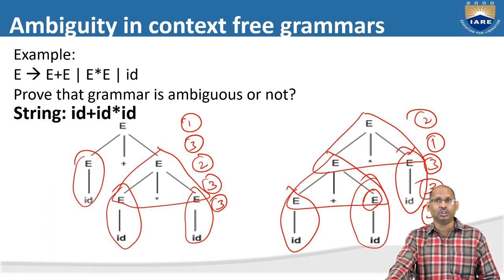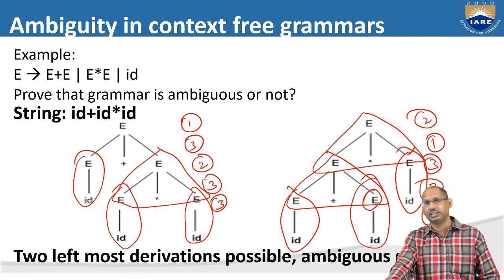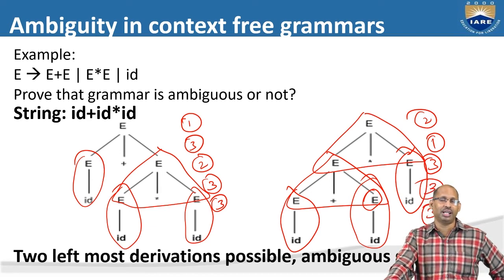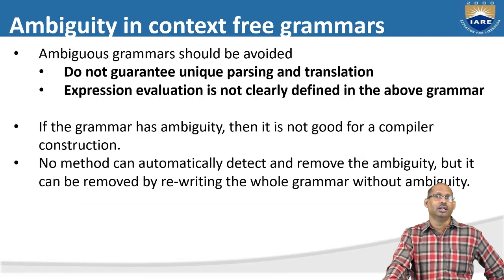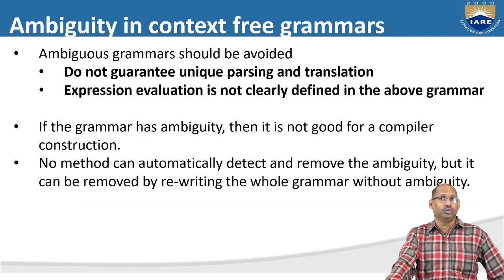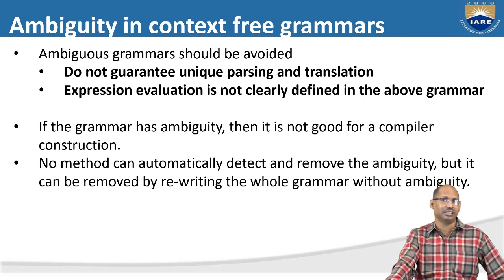The grammar must be unambiguous to construct the parse tree. Since it has two leftmost derivations possible, it is an ambiguous grammar. Right? Here, it does not guarantee unique parsing and translation. Ambiguous grammar should be avoided, otherwise it cannot guarantee unique parsing and translation.